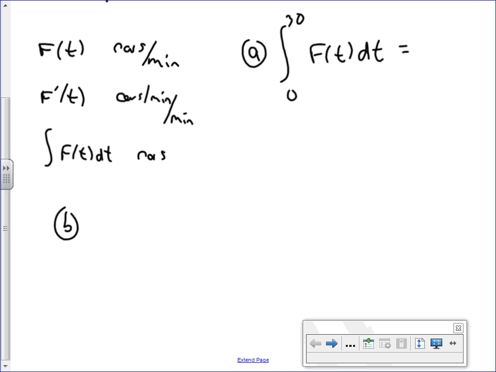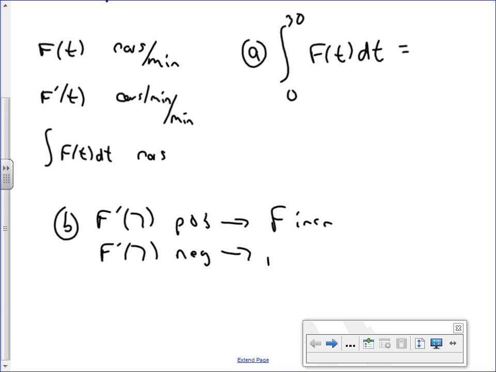So let's write our plan. F prime of 7 positive would be, F is increasing. F prime of 7 negative would be, F is decreasing, even though F itself is a rate of change. So what do you have to find?